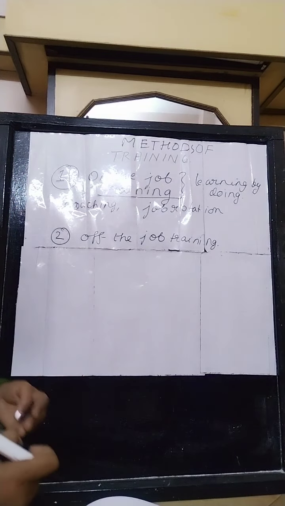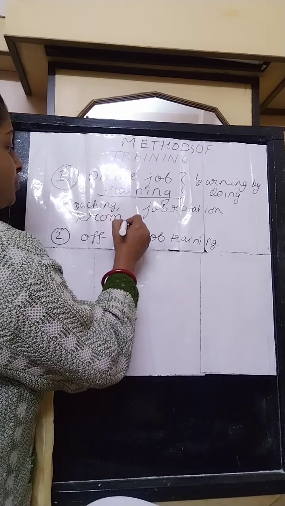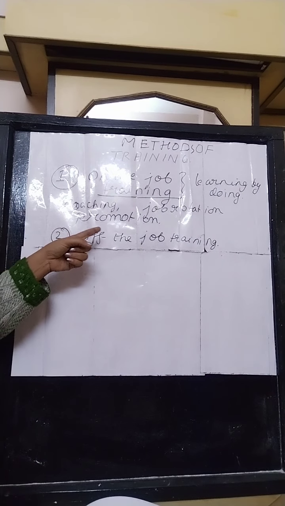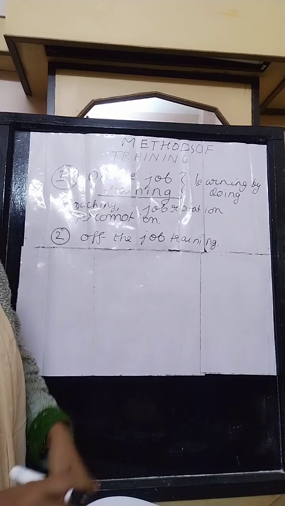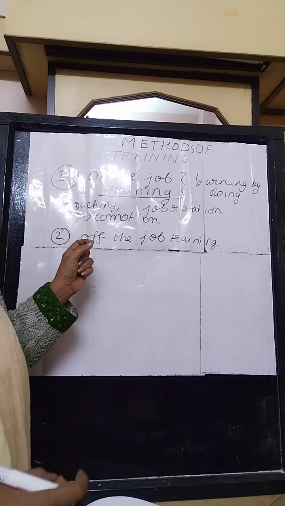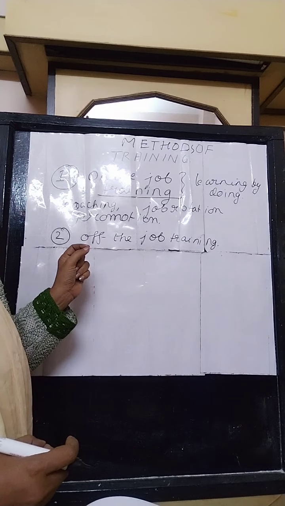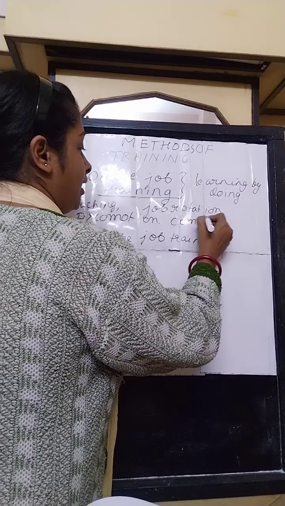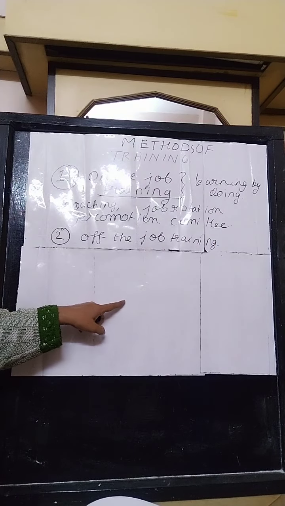Next is temporary promotion. A higher position is given to an employee to learn the work process. Promotion is given but on a temporary basis. Here a junior executive may be given a promotion on a purely temporary basis to handle that position. Next is special committees, which is also a kind of on-the-job training.